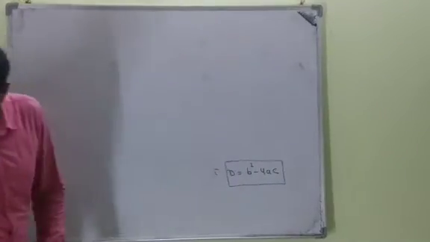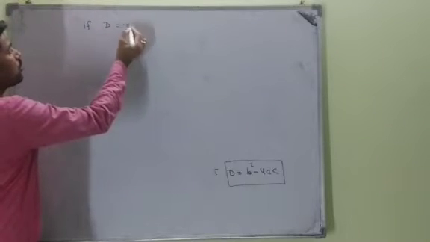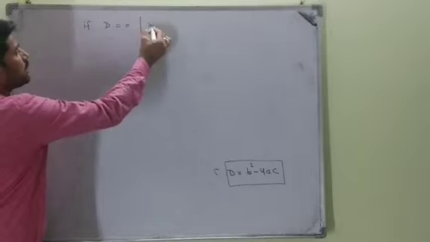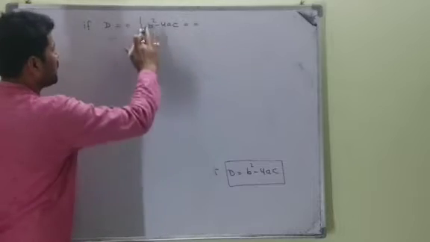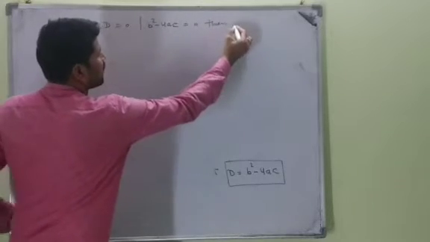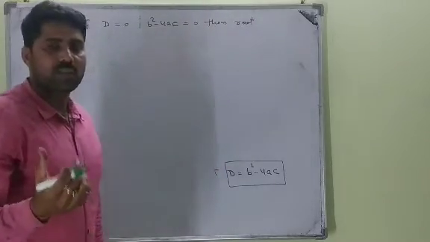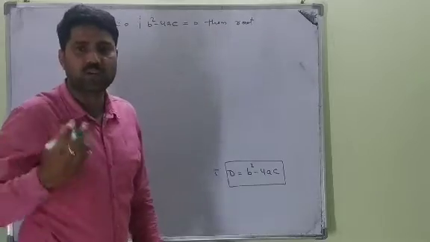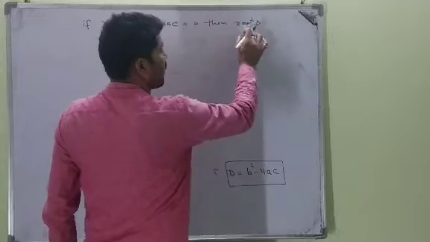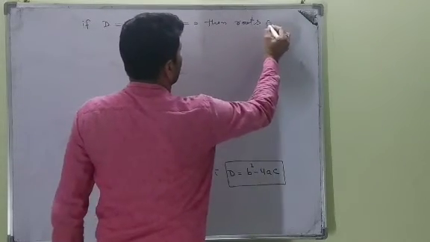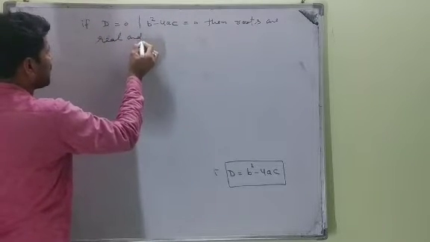Case 1: if D equal to 0, or b square minus 4ac equal to 0, same meaning, then the nature of the quadratic equation, meaning the roots, the values of x, these are the solution.